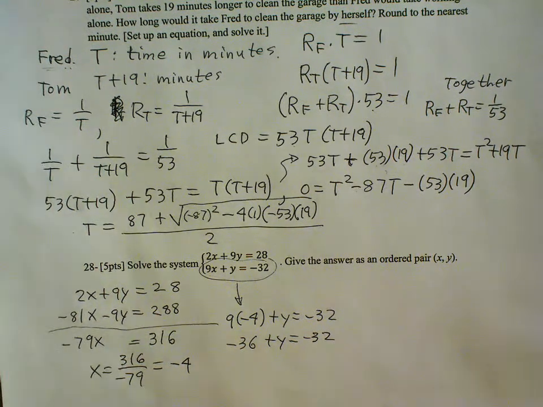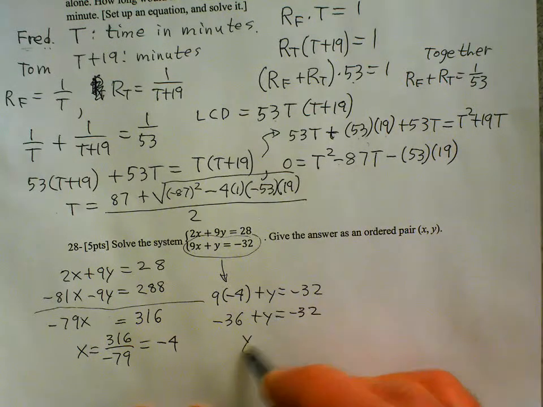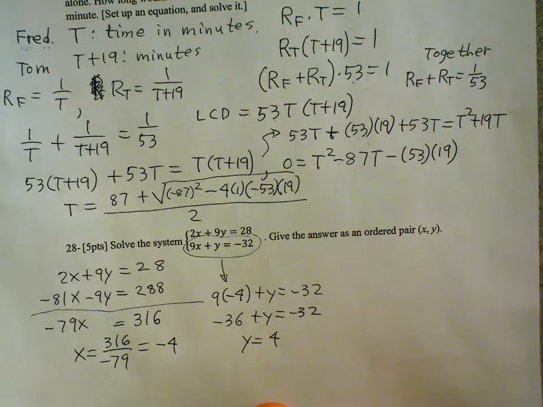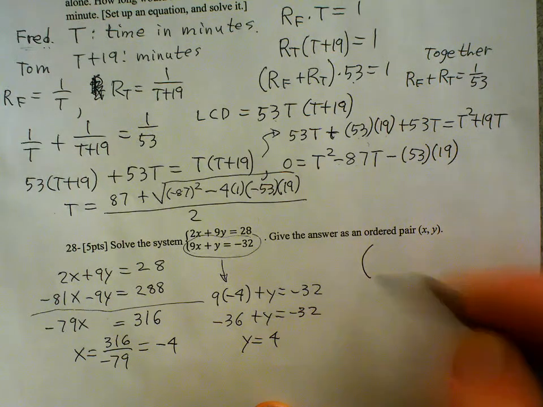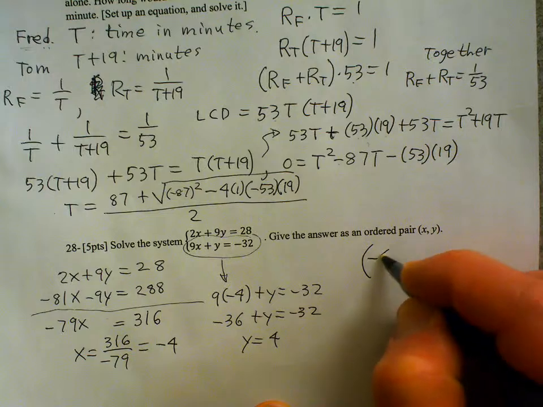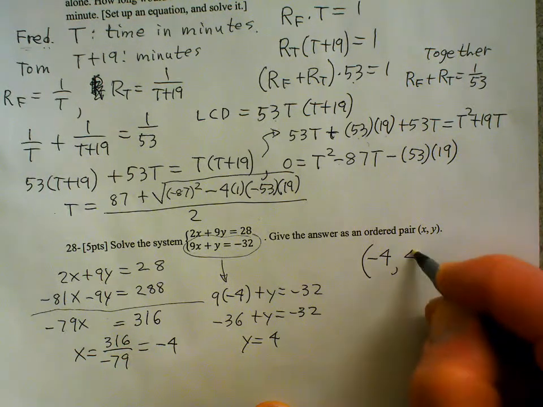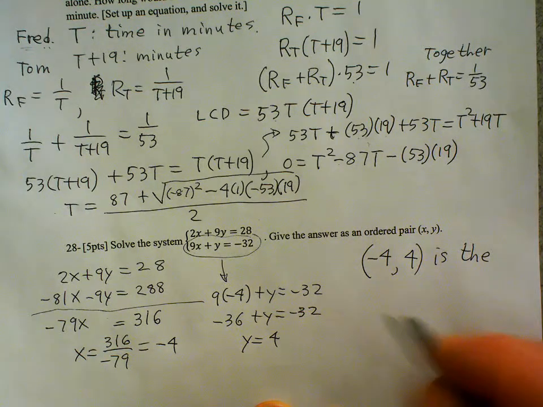And then when you add 36 to both sides, we get y equals positive 4. So remember that the solution is an ordered pair. So you should write that the solution is the ordered pair negative 4, 4.